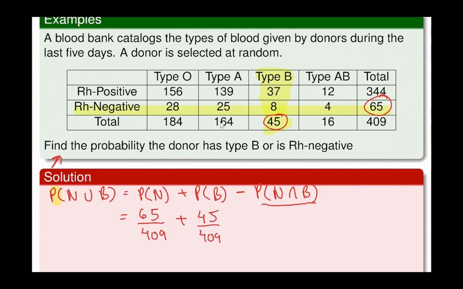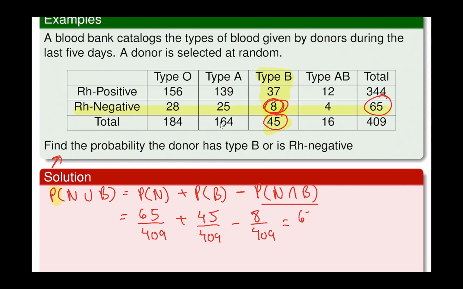And then you want to focus on the people who have negative and type B blood. So that's these people. These are the people who got overlapped. If you look at where I selected type B and then RH negative is where they intersect. So we subtract 8 over 409.